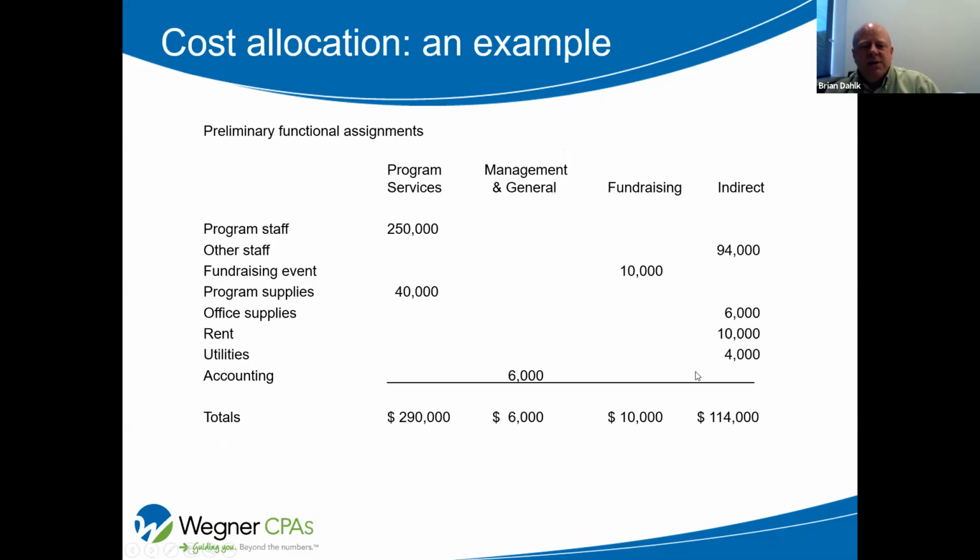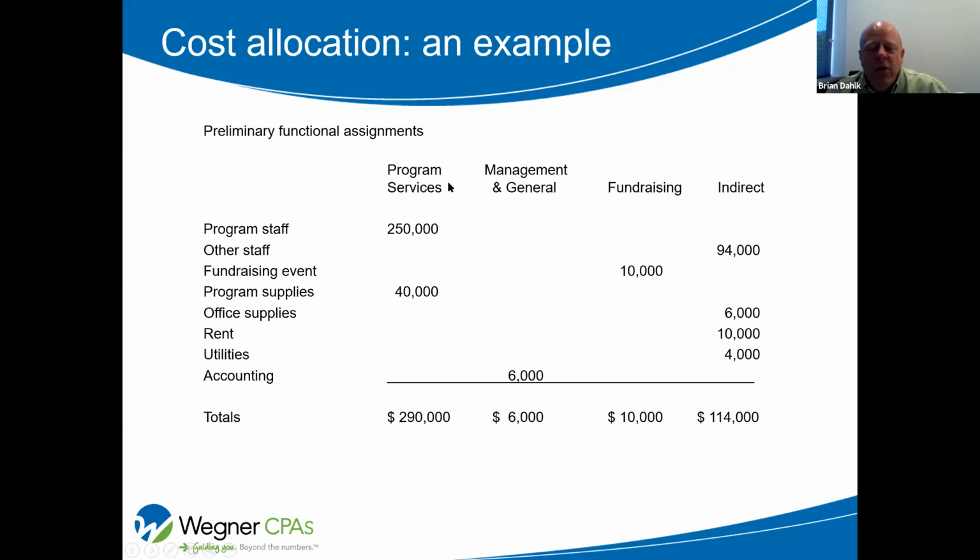All right, let's take a look at some specific examples of how some cost allocation approaches might work for a nonprofit. Here's a simple example of a nonprofit expense allocation. On the left, we have these accounts, which are the natural expenses. And going across the top of the page are the functional expenses: program services, management in general, and fundraising.